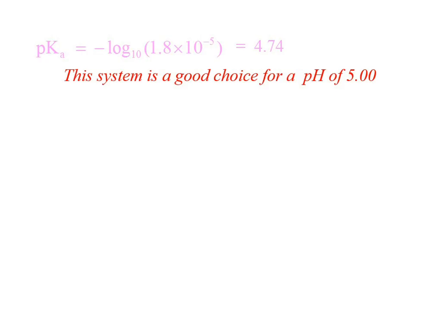So, of course, to get the value for pKa for acetic acid, we take the negative log of the Ka for acetic acid, 1.8 times 10 to the minus fifth. So we got a pKa of 4.74. What this says in red is that our pKa of 4.74 is close to our target pH of 5.00. Yeah, it's pretty good. It's a good choice.